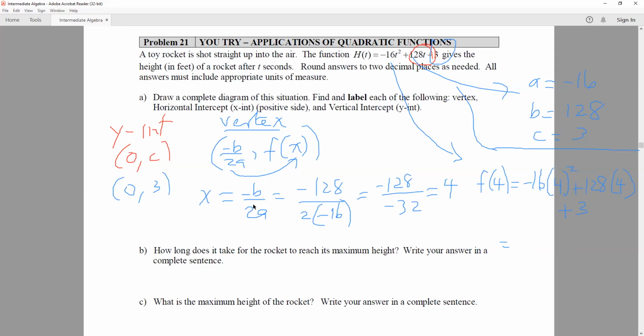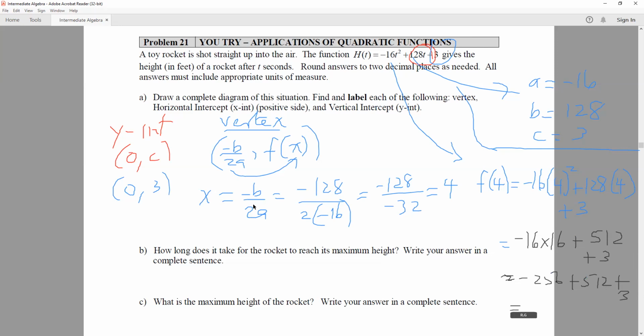So negative 16 times 16 plus 128 times 4 is going to give us negative 256 plus 512 plus 3.